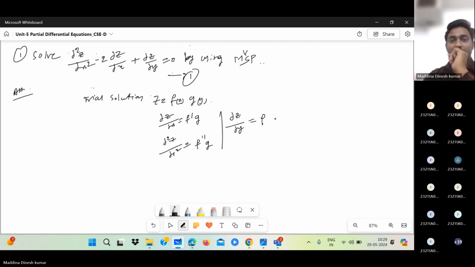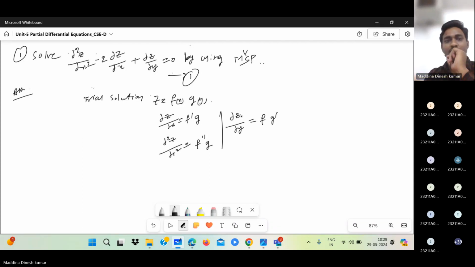So here with respect to x we are differentiating, g is a function in terms of y, so that we need to consider as a constant. Here you will get f dash, and the internal function x, if you differentiate, you will get 1. Again one more time, you will get f double dash of x g here. Here del z by del y means f is a function in terms of x, that we need to consider as a constant, written outside. If you differentiate g you will get g dash, and the internal y if you differentiate will again become 1. Okay. So now all these terms we will substitute in 1.